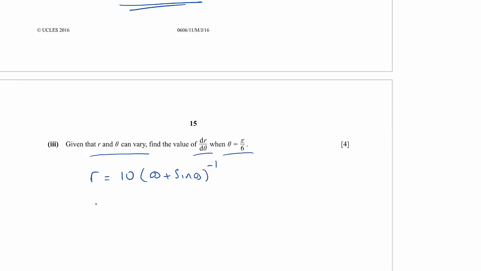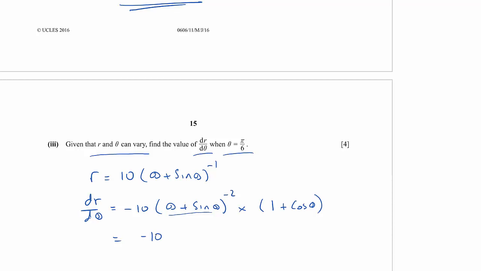And now I can use the chain rule. So dr d theta is going to be negative 10 times (theta plus sine theta) to the negative 2. But now remember we have to multiply by the differential of the inside here. So differentiating theta gives us 1. Differentiating sine theta gives us cos theta.